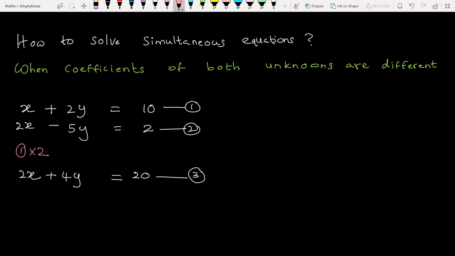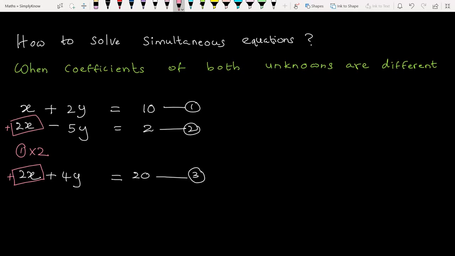Now notice here, the coefficient of x in the second equation and the coefficient of x in the third equation are the same now. So we can easily eliminate x. Now check the signs here. Here it's a plus. Here also it's a plus. So same signs of the coefficients, which means we need to deduct one equation from the other.